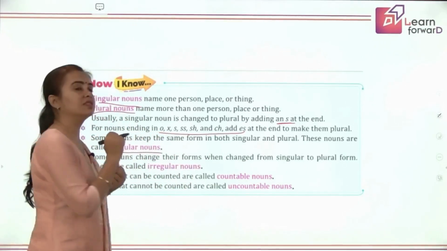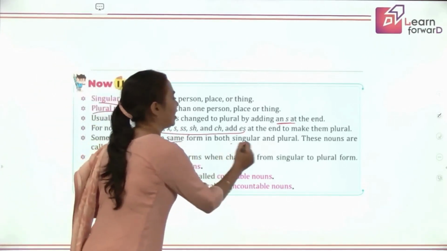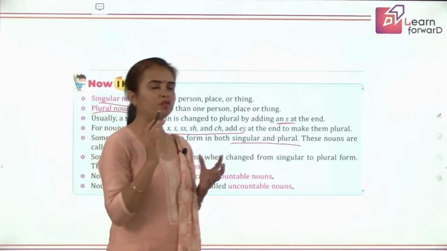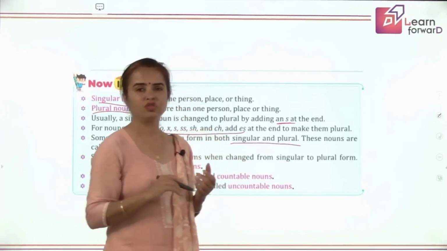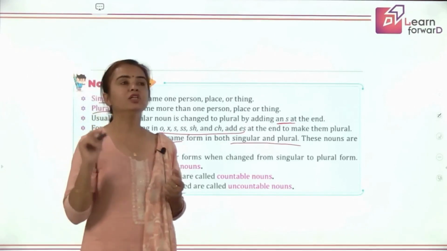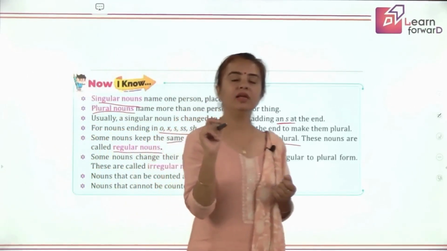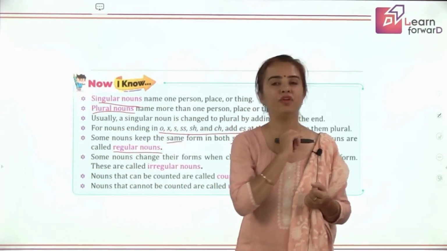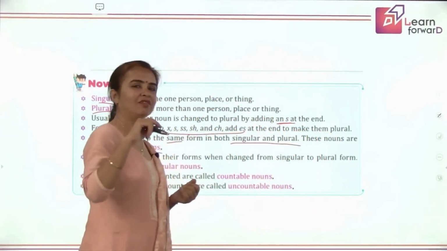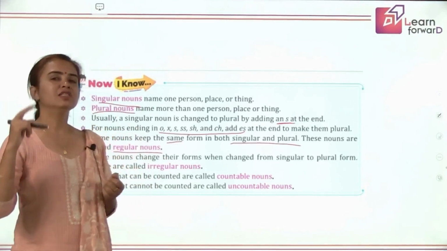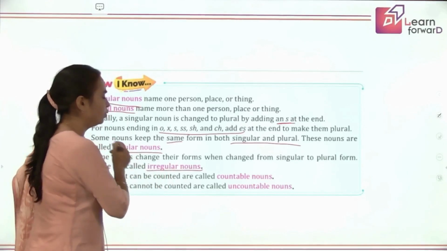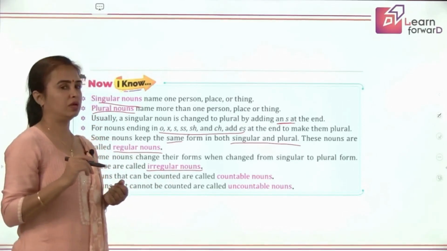They remain the same in singular as well as plural. And the irregular forms, they do not follow any particular pattern of changing. We just have to remember them. Man becomes men, child becomes children, then woman becomes women, and foot, feet. Similarly, we have another word, mouse becomes mice, and many more that we have already learned. The list is there with you. These are all irregular nouns.